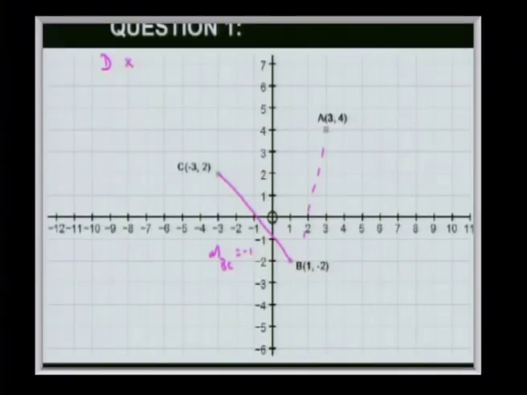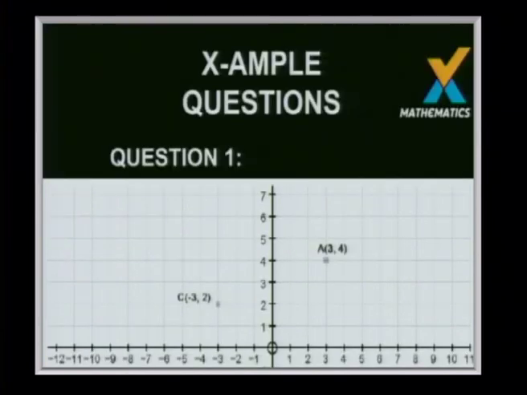What do you think is going to happen soon? I'm going to guess that they're going to ask us about a parallelogram A, B, C, and another point somewhere. But let's move on and have a look.